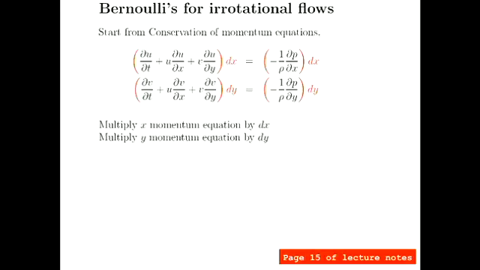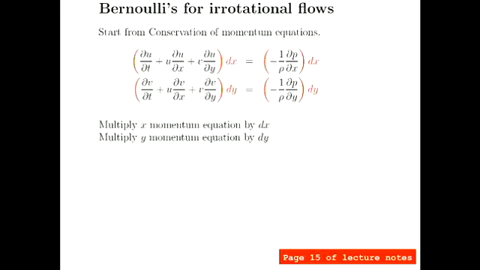In that case, what we did was we differentiated the x momentum equation with respect to y, and we differentiated the y momentum equation with respect to x. There's always a sneaky trick with derivations, and I'd say that if you remember the sneaky trick, the whole derivation's easy. If you don't remember it, you're going to be staring at the page for half an hour as the clock ticks down, okay?